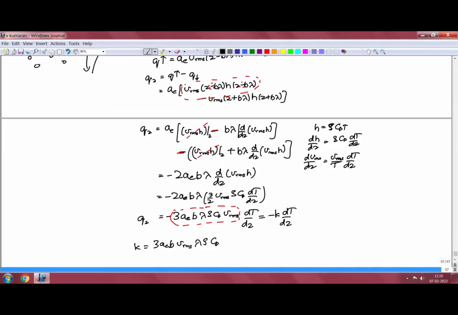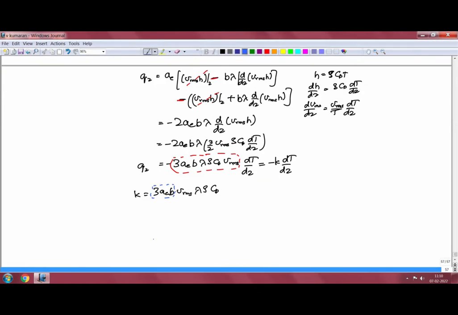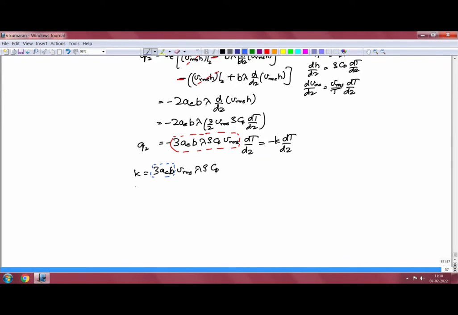So, it is some proportionality constant of order 1 times Vrms times lambda times rho times Cp, that is the thermal conductivity for a gas. And the thermal diffusivity is defined as k by rho Cp, which is 3 AE B Vrms lambda.